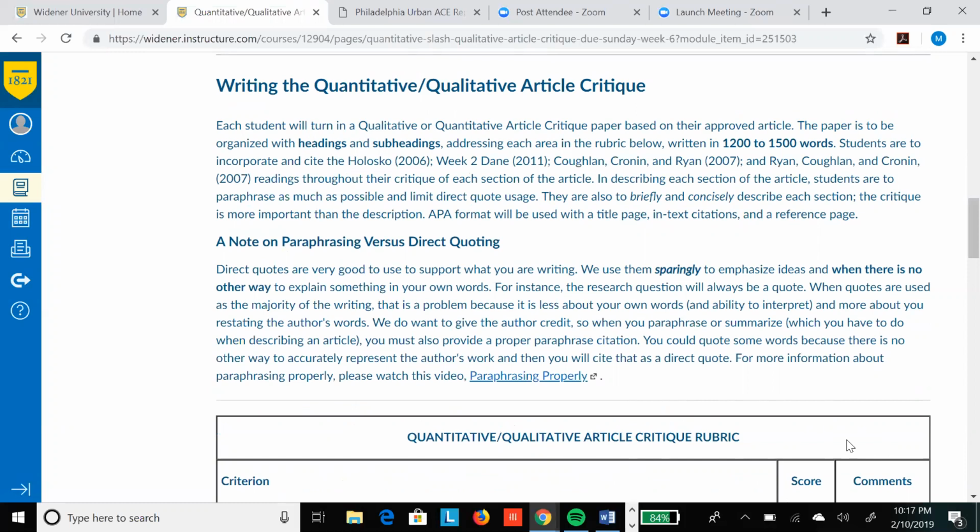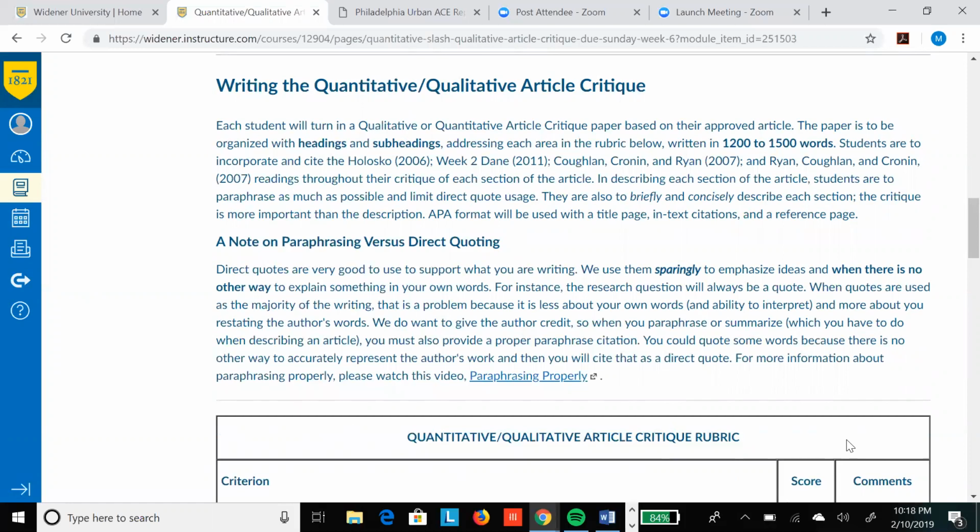You need to make sure that you're incorporating and citing the Halasko, the week 2 Dane article that you read, and then the Coughlin, Cronin, and Ryan articles above throughout your critique of each section of the article. So in each section you want to make sure that you're applying one or more of those readings.